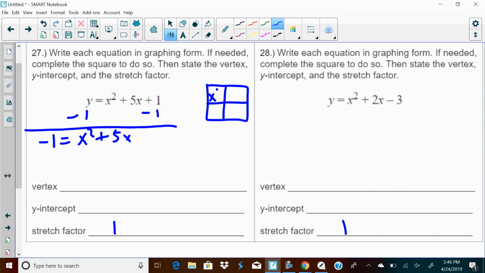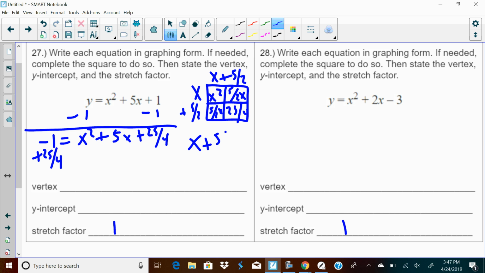Then I'm going to complete the square by drawing my area model. I know that this is x squared. Half of 5 is 5 over 2, so that makes it x plus 5 over 2. That means this is 25 over 4, so I add that to both sides. I end up with x plus 5 over 2 squared.